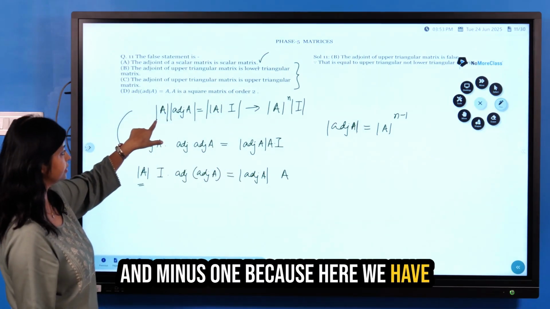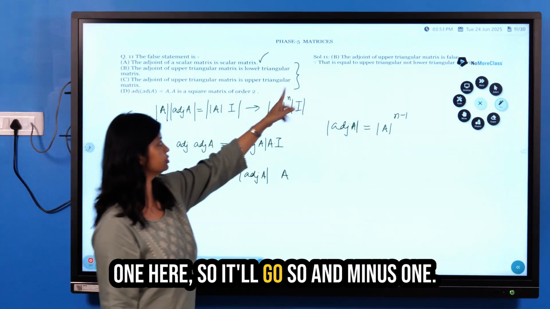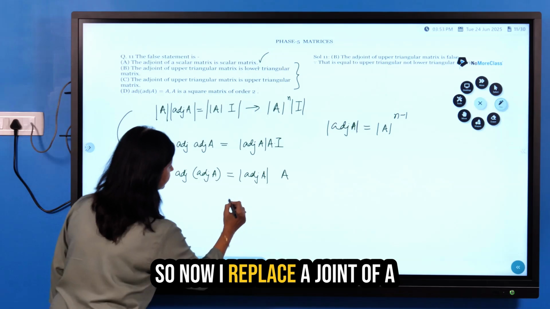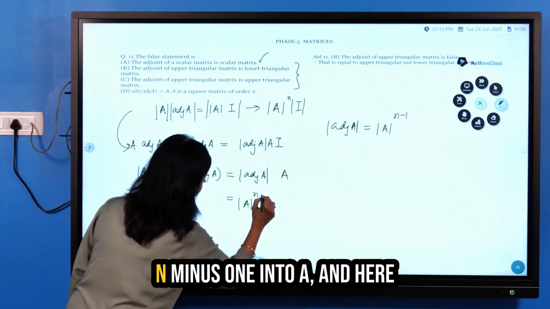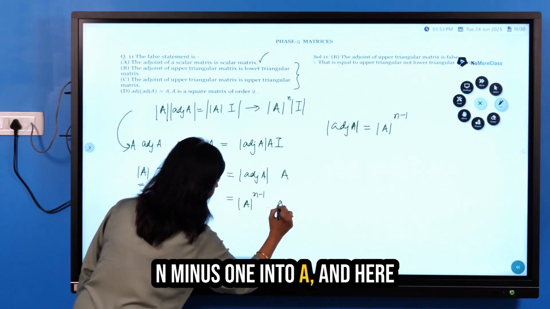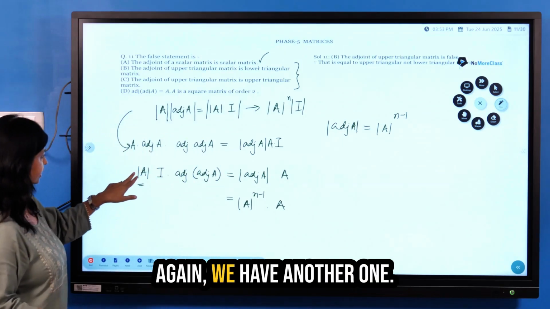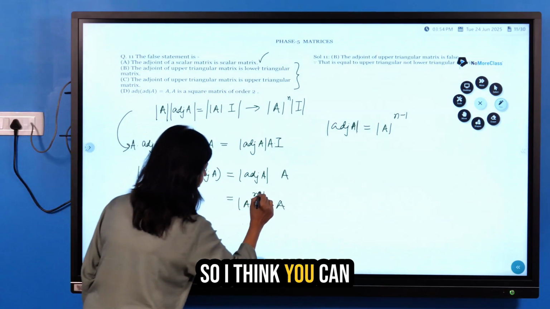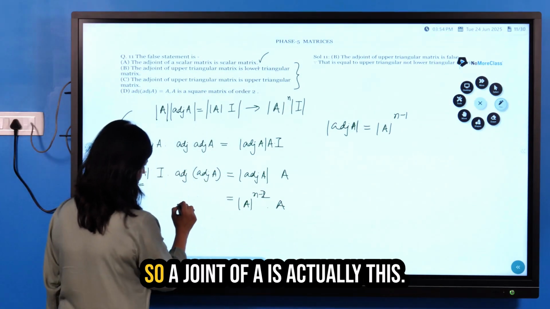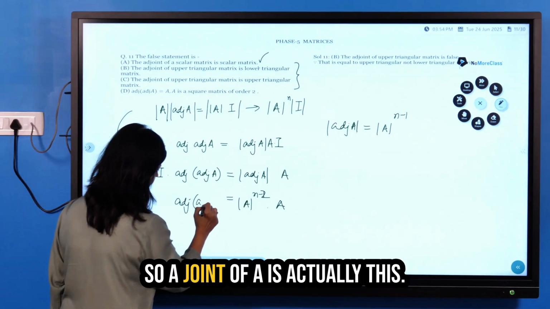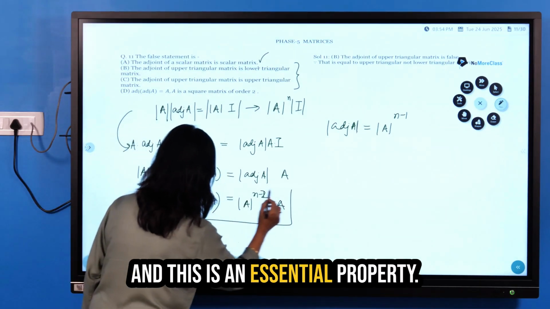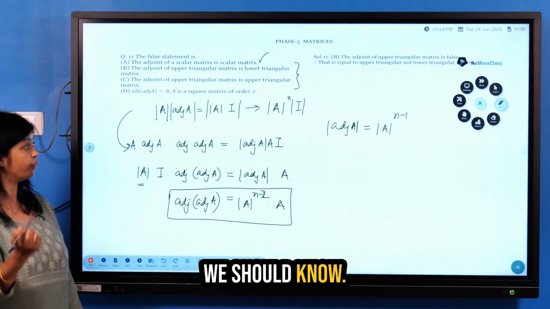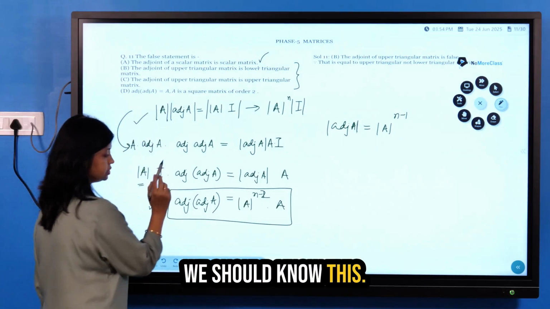Now I replace the determinant of adjoint of A as determinant of A to the power n minus 1 into A. So adjoint of adjoint of A is determinant of A to the power n minus 2 into A, and this is an essential property we should know.